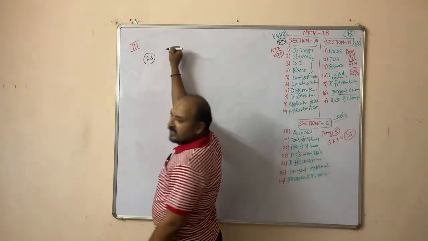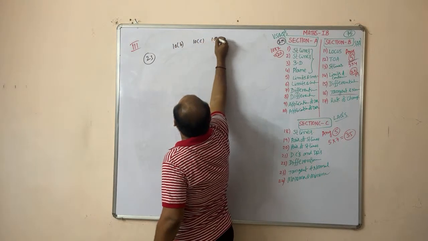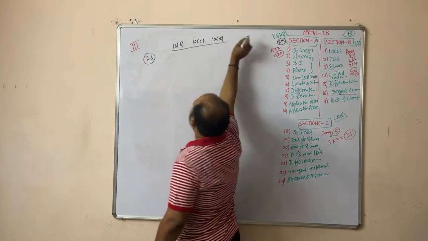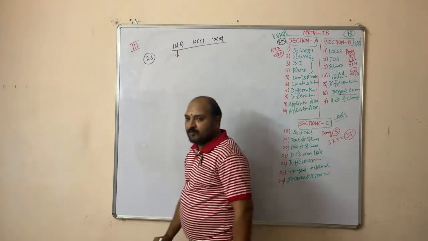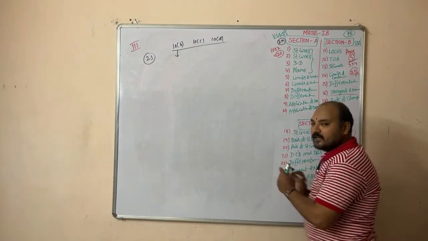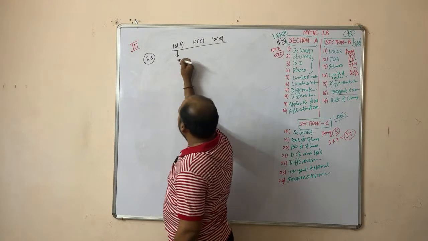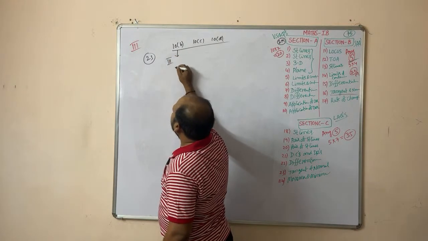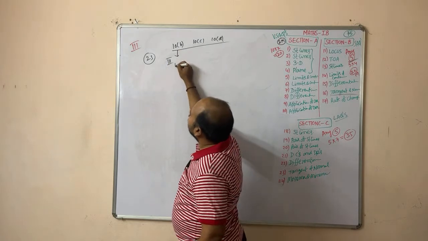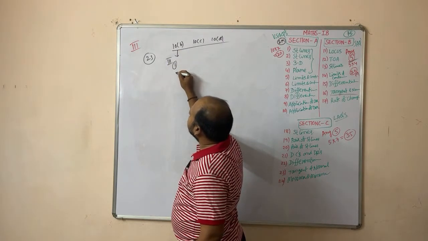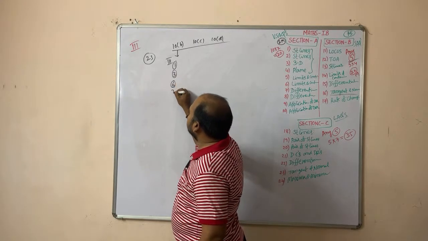In tangent and normals, exercises 10B, 10C, 10D are all important. In 10B exercise, what are the 7 marks questions related to tangent and normal? Here, in the third bit, in exercise 10B, question number 1, question number 3, and questions 6 and 7.